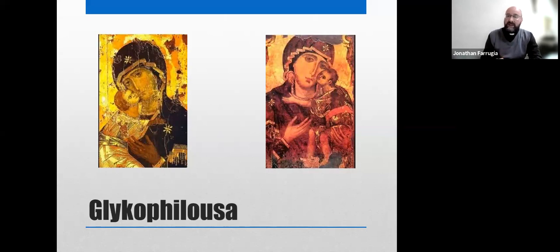Now, a very interesting feature which practically appears in most of the icons are these stars. Okay, and usually Mary has 3 stars on her: one on her left shoulder, one on her forehead, and another one on her right shoulder. But obviously, sometimes it is covered with the figure of Jesus. Now, what do those 3 stars represent? Those represent the 3 stages of virginity of Mary: a virgin before conception, a virgin during childbirth, and a virgin after childbirth.